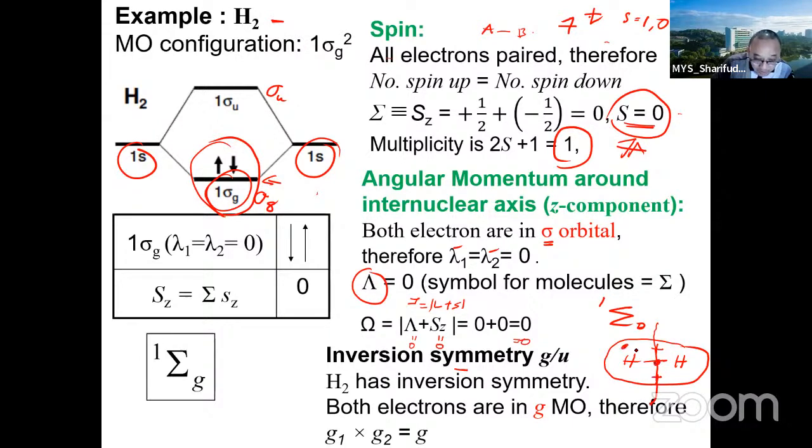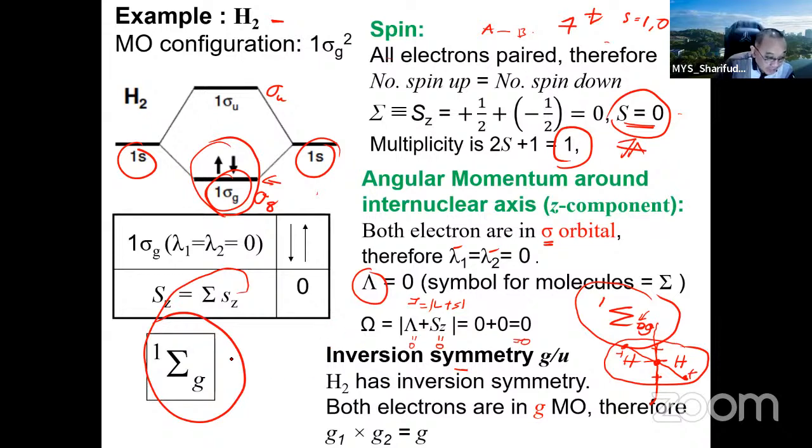If you take any point and invert through this point, you reach there, and the charge doesn't change. This is positive, this is also positive. The fact that there is no change in charge means there is another symbol added to it, which is g, gerade, in German. So there is no change in charge when you undergo inversion from any point. This will be the term symbol, but usually people will ignore the 0 there. So what you'll get is just 1 sigma G.